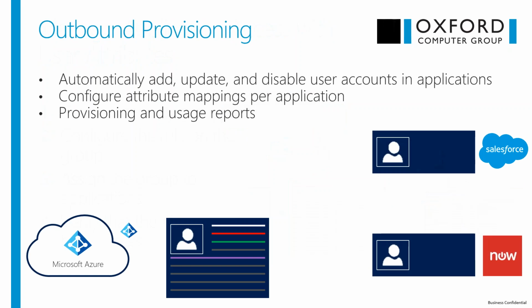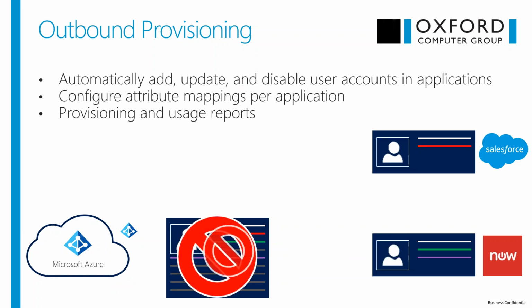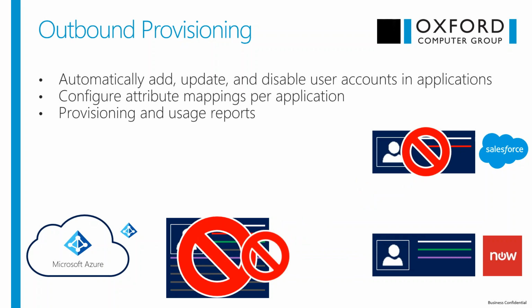And then some of those applications even include outbound provisioning. So Salesforce, ServiceNow, both applications that I've configured for different organizations for user provisioning. Users fall into the group in Azure Active Directory, and then they're provisioned outbound to the systems in ServiceNow and Salesforce. There's a very easy way to configure the attribute mappings.